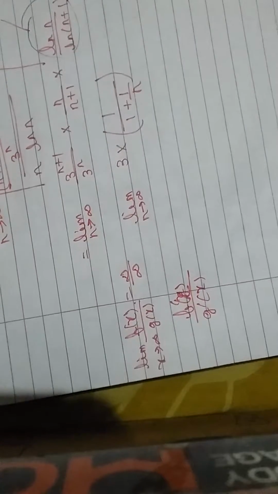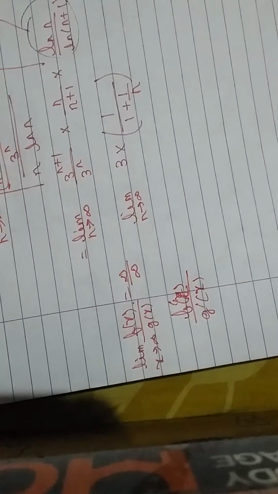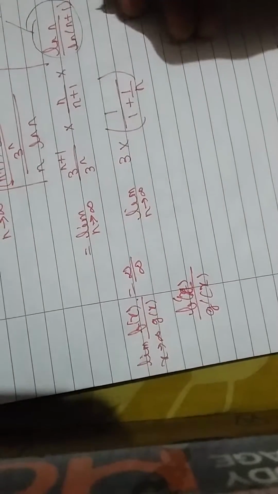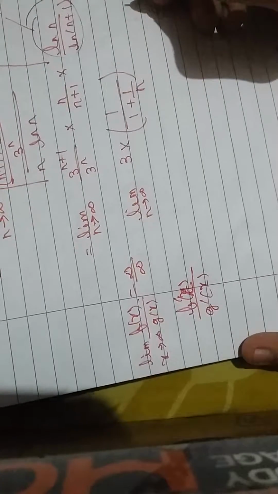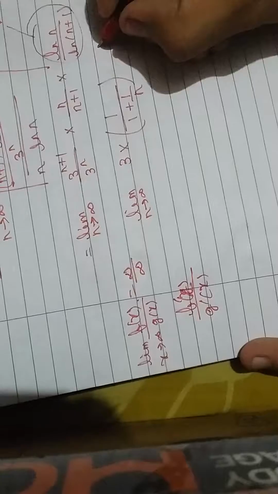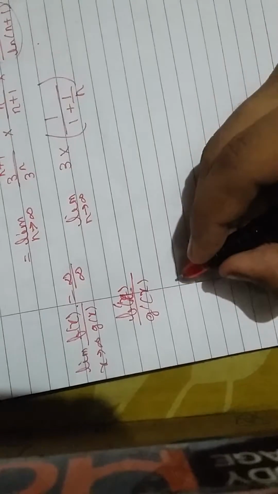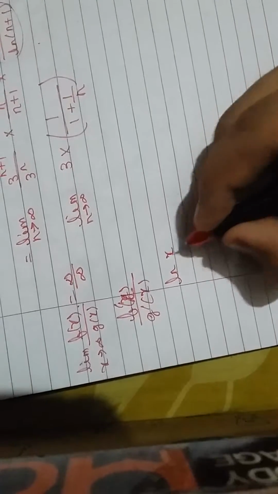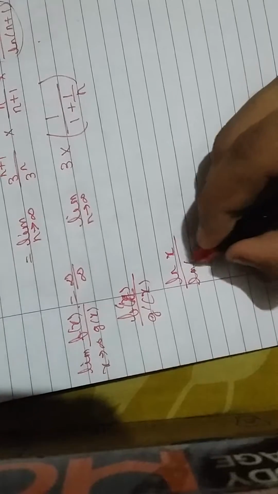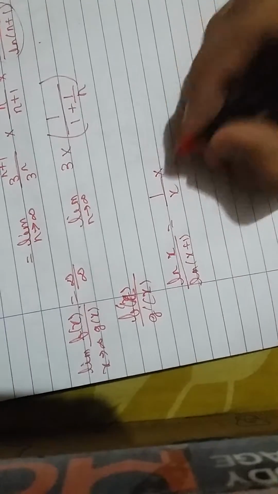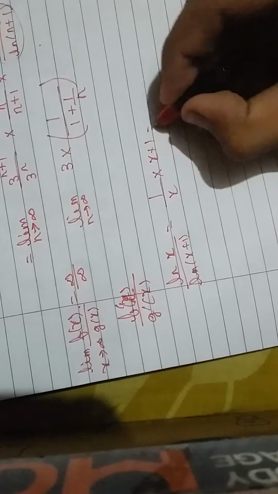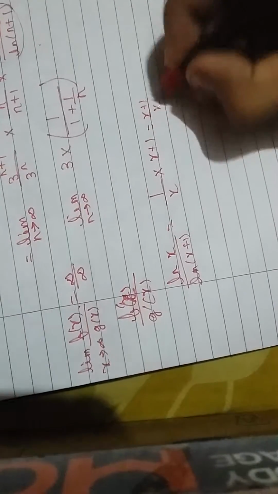We will have to take the derivative, and we have calculated the derivative, and we get the value ln x over ln x plus 1. We will get 1 by x multiplied by x plus 1.